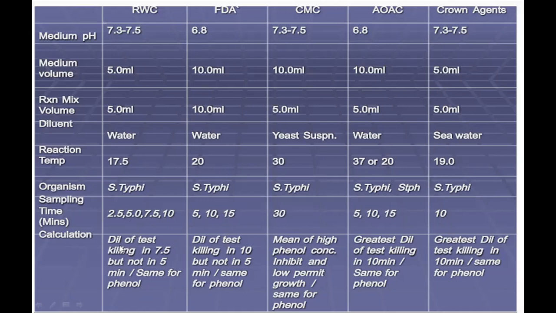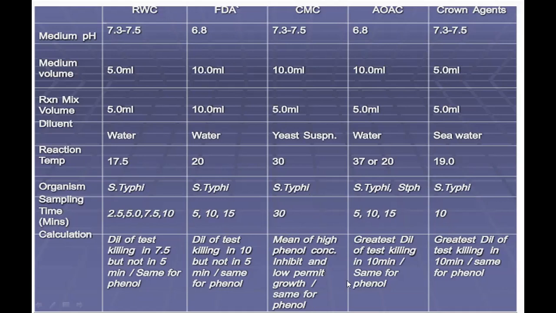For Rideal-Walker, the formula goes like this: dilution of test killing in 7.5 minutes, but not in 5 minutes, divided by the same for phenol. For FDA and AOAC, we have just discussed in the previous example. For the Chick-Martin test, mean of the highest phenol concentration inhibited and the lowest permitting growth, divided by the same for phenol. So at this time point, whatever is the concentration and the growth, divided by the same for phenol, there is only a single point here.